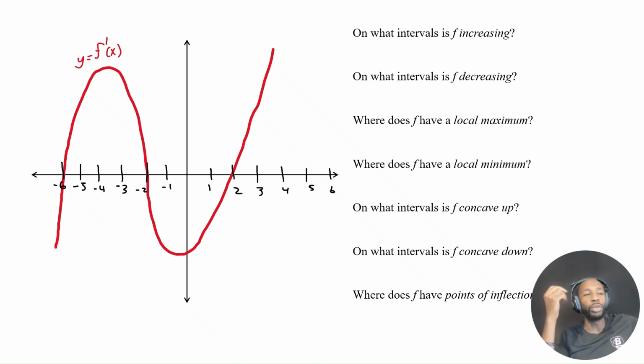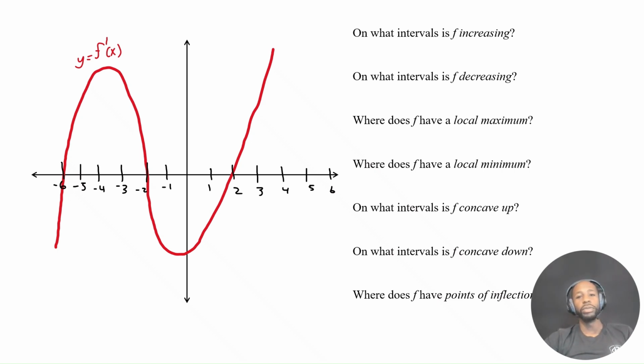This really exercises your mental skills of being able to hold this information in your head and think between function, first derivative, second derivative, that kind of deal. So just take your time and let's get into it and answer these questions.